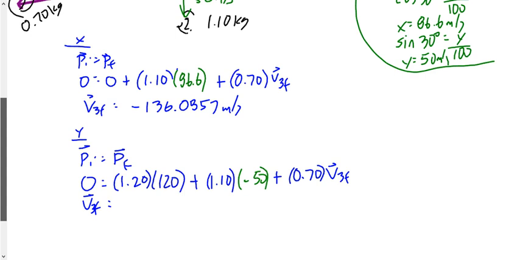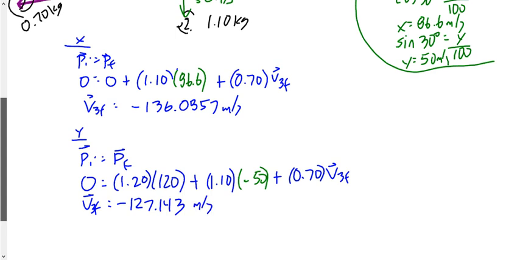Take it to the other side by subtracting. Negative 89 divided by 0.7 gives me 127.143. And it is a negative value.